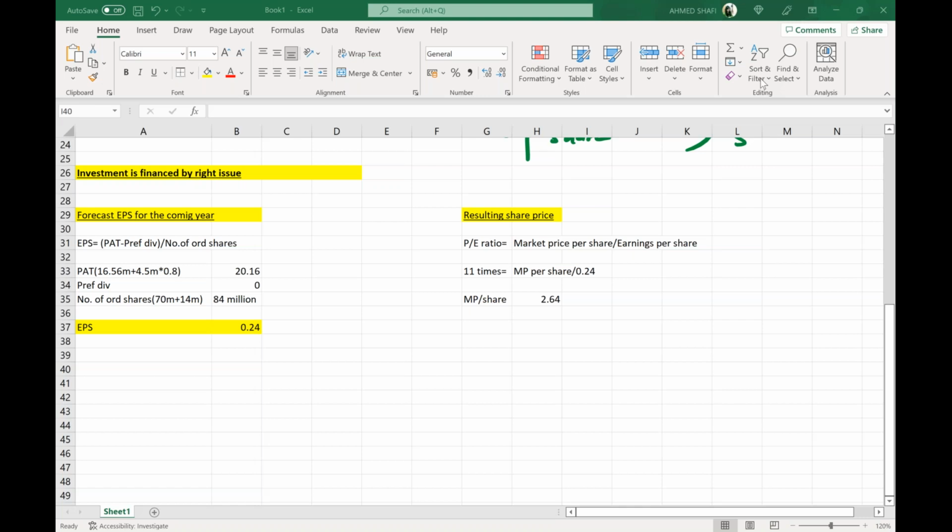Yes, you will always use the P/E ratio. Because Maham, this is increasing profit by 4.5. So obviously when profit increases, you have to pay 20% tax as well.